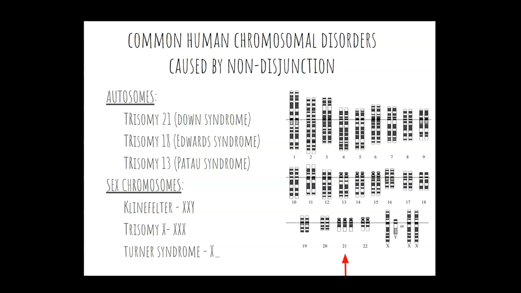After about age 35, the rates of non-disjunction go up very rapidly, and that's one of the reasons why women are very carefully monitored if they have pregnancies over the age of 35. And there are various different options for being able to test to see if your fetus has a normal chromosome karyotype or not very early in pregnancy.